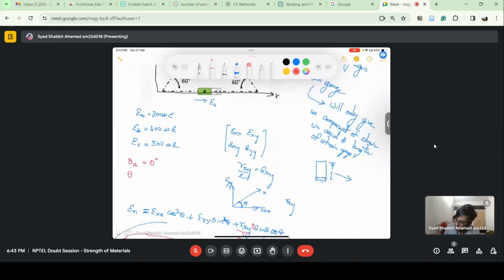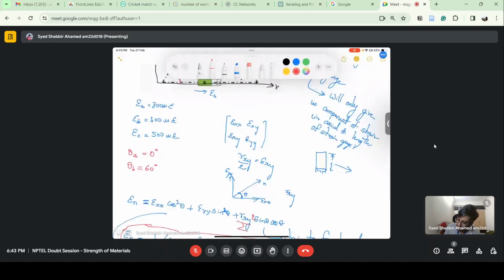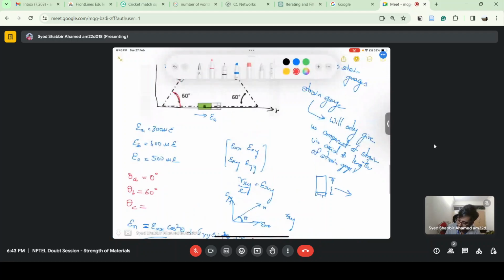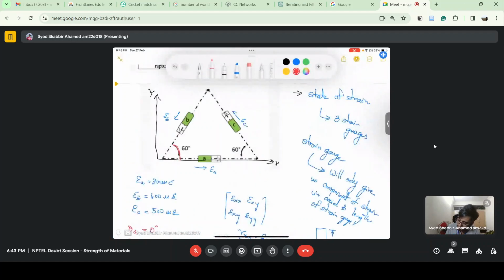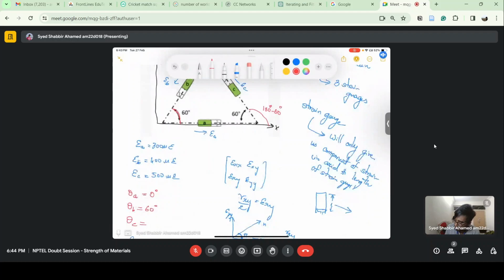Then you can see B is making an angle of 60 degrees. Then strain gauge C, the normal direction of this is making an angle of 180 minus 60, which is 120 degrees with the x-axis.